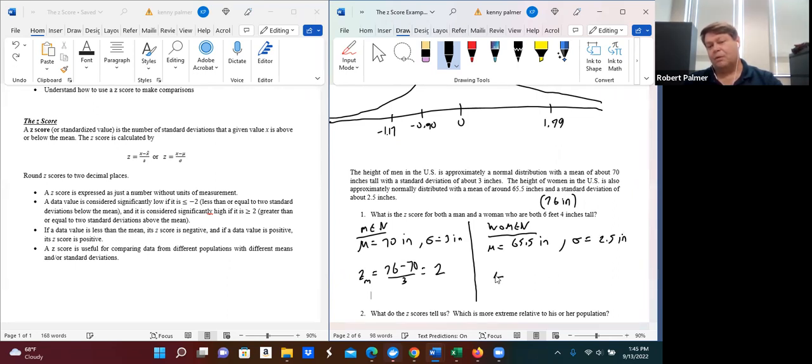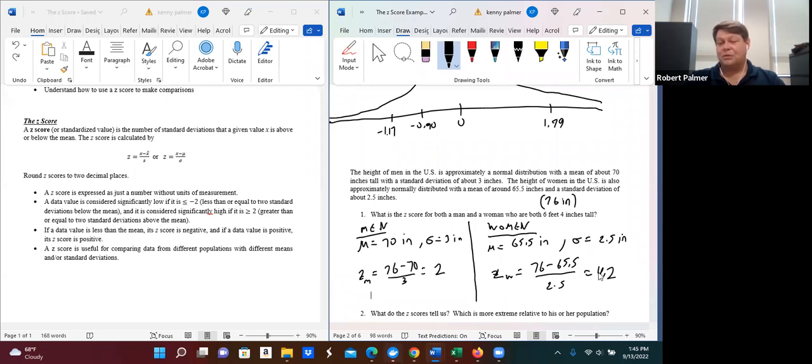Let's put a subscript M on the men's z-score, just to distinguish them. So the z-score for women, we expect this to be more extreme: 76 minus 65.5 divided by 2.5, and let's just go ahead and find that value. Right, this is actually 4.2. As we can see, that is quite a bit more extreme.